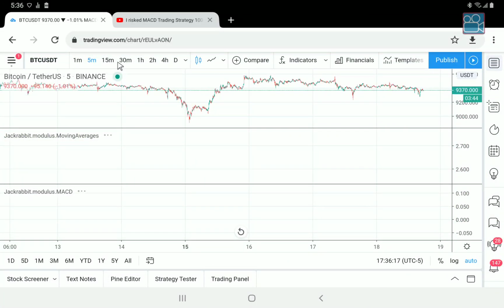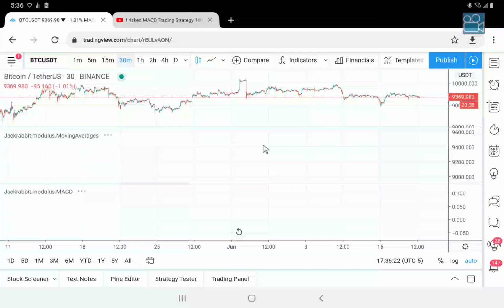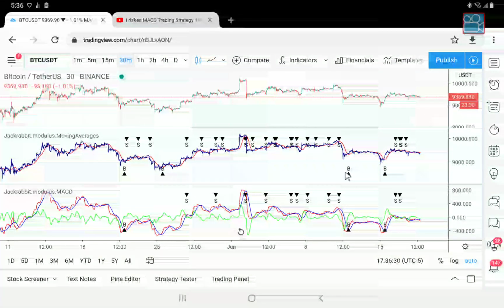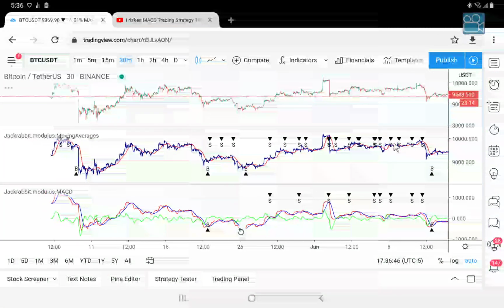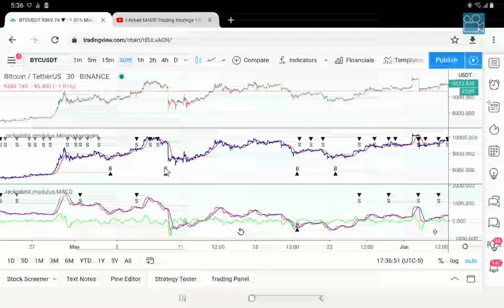Okay, let's go back up to the higher time frame, and we're going to go back to those settings. So you're guaranteed that from here to here is a minimum distance of 1%. You're guaranteed from here to here is a minimum distance of 1%. Now you're guaranteed from here to here is a minimum distance of 1%.